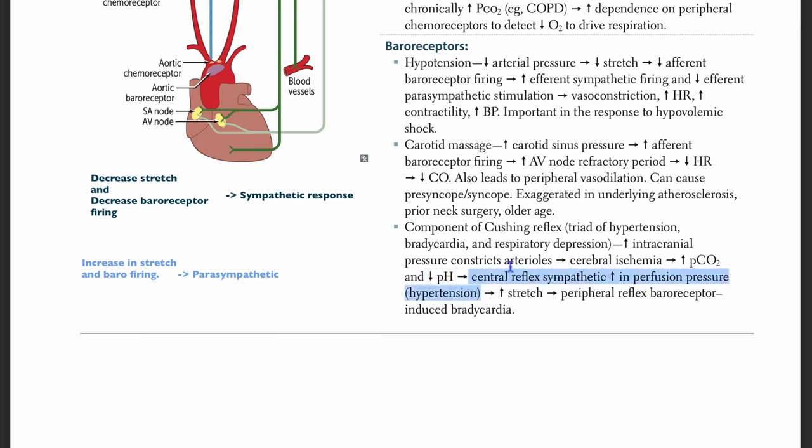Because now the brain's trying to send signals to get some blood in here and get this waste product out, it's going to increase the sympathetic reflex response. This causes increase in stretch, and that's going to trigger the peripheral baroreceptor reflex, and that's how you end up with bradycardia in increased ICP.